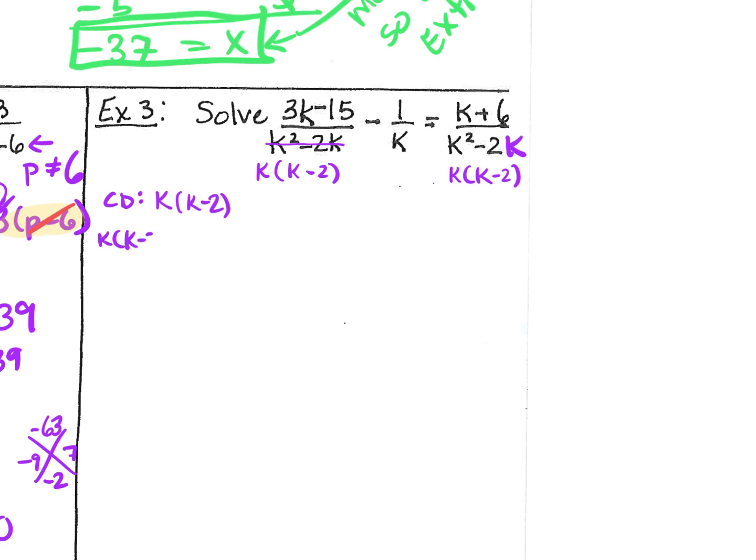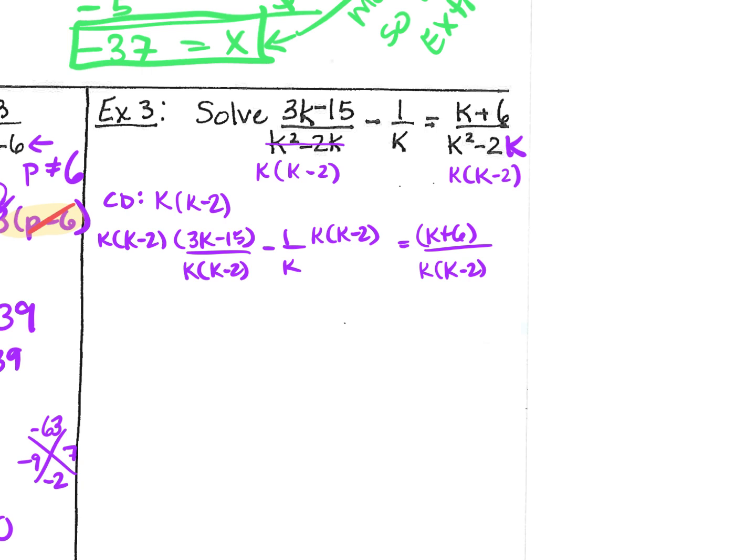K times k minus 2 times 3k minus 15 over k times k minus 2 minus 1 over k times k minus 2, k plus 6 over k times k minus 2, k times k minus 2.